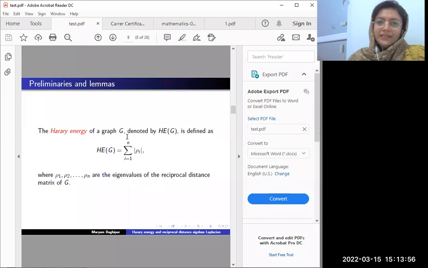Harary energy is defined. There are a lot of definitions for energy. Now, Harary energy is defined as the sum of the absolute values of the reciprocal distance eigenvalues.